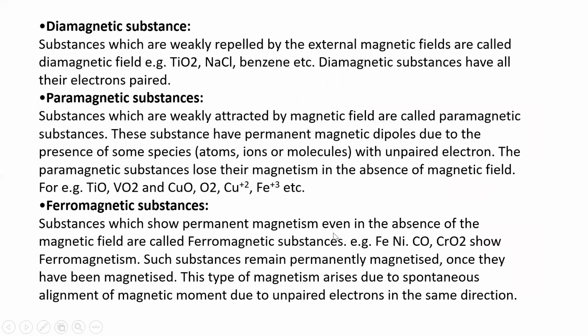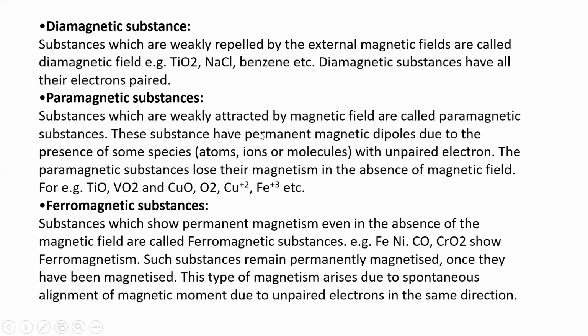Next, substances which are weakly repelled by the external magnetic field are called diamagnetic substances. Examples: titanium dioxide, NaCl, benzene, etc. Diamagnetic substances have all their electrons paired, hence they are colorless. Substances which are weakly attracted by a magnetic field are called paramagnetic substances. Here it is repulsion, and here it is attraction.